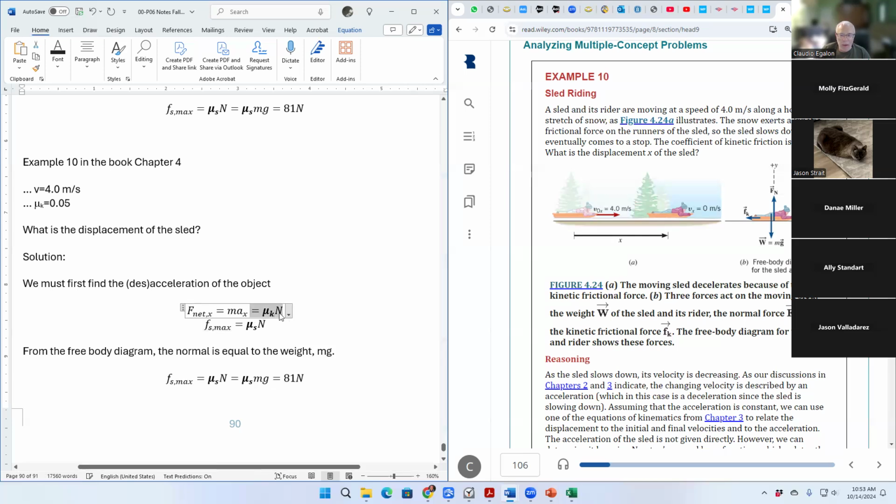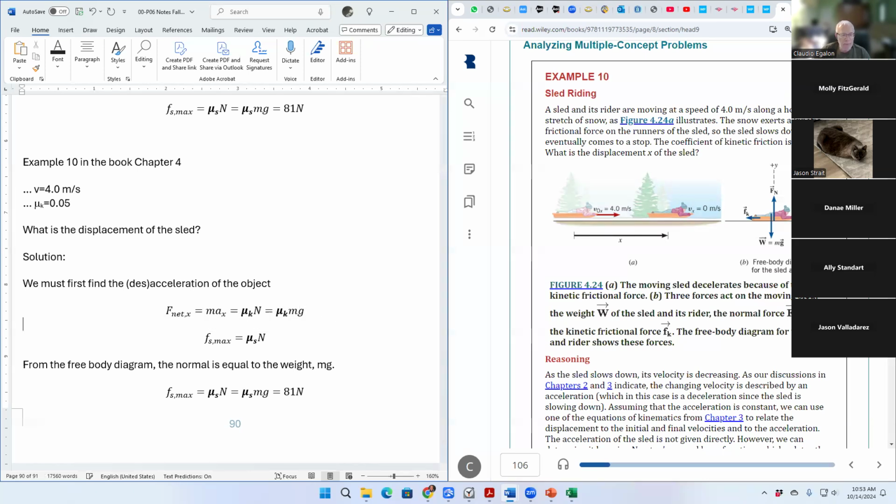There is no acceleration along the vertical direction. Consequently, the normal is going to be equal to the weight. Like that. Okay? Here should be K. Here should be K. Don't forget that force of kinetic friction, right? Mu sub K times N.